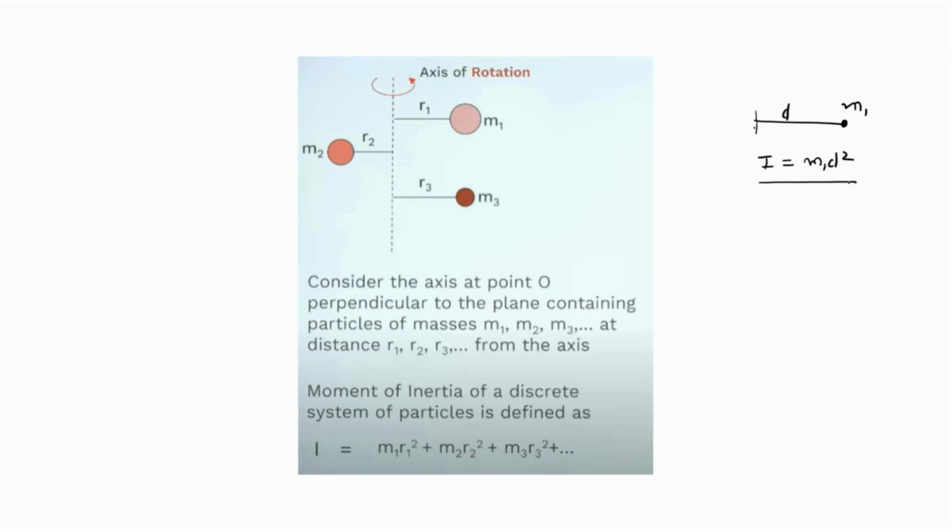That is the formula for moment of inertia. If you have a lot of particles in a mass, you add all of them. So about this point, m1r1 square plus m2r2 square plus m3r3 square. That is how you can find the moment of inertia.